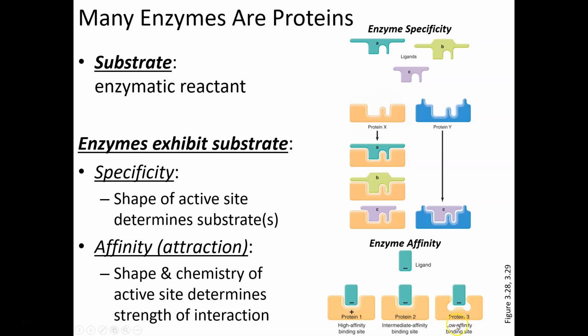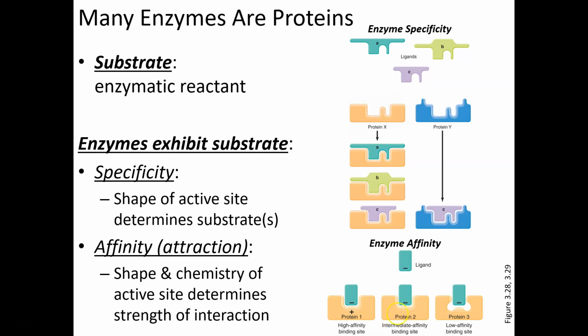If you look at protein number 3, though, you see a low affinity. Let's say this was negative right here. The negative charges wouldn't connect to each other very well. You have this low affinity binding site, which means that reaction rate would be really, really slow, relatively speaking.